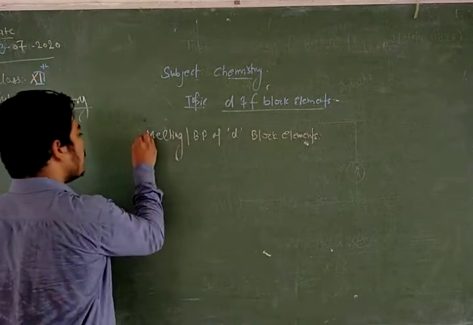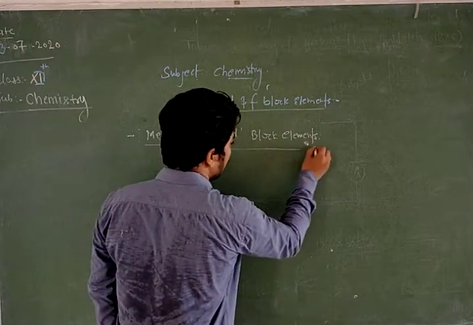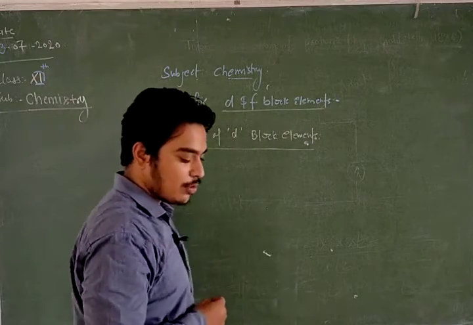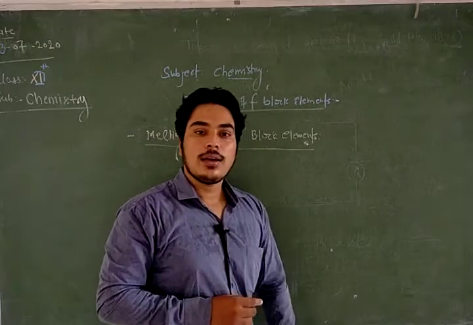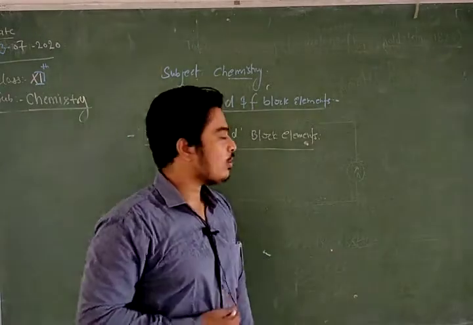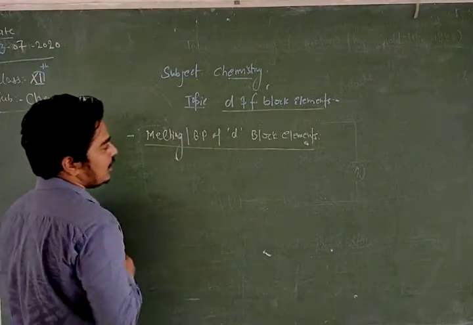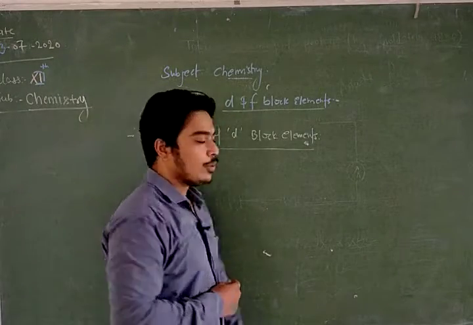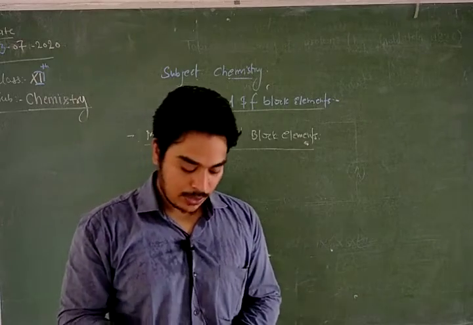These are the physical properties which are going to be discussed. First we discussed atomic radius, then ionization potentials, electronic configuration. Moving on, this is the melting point and boiling point of D block elements.